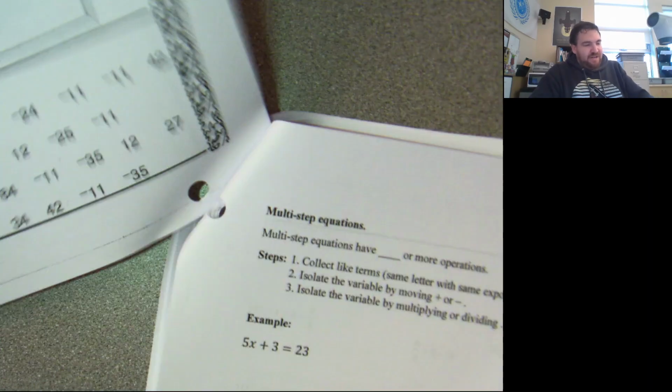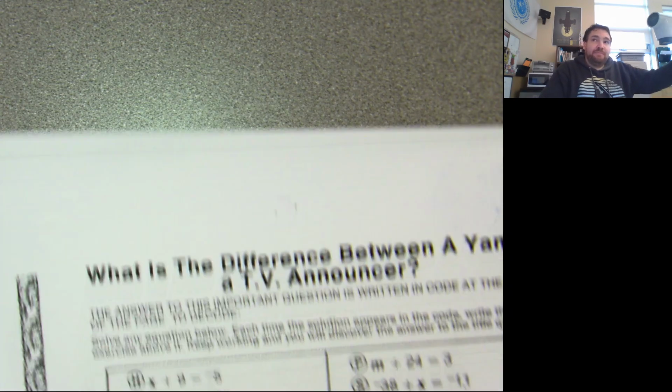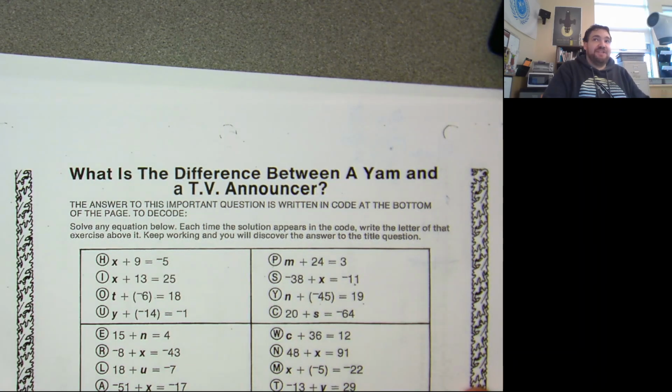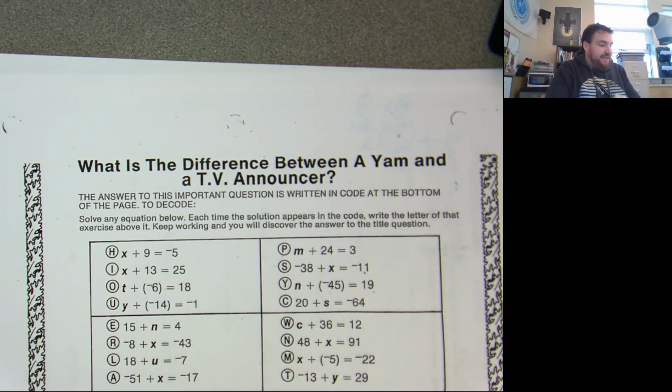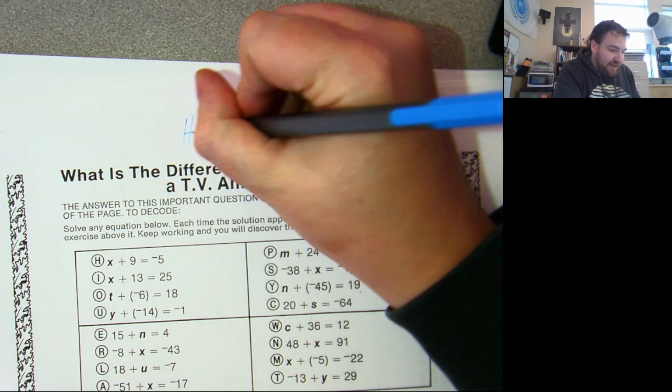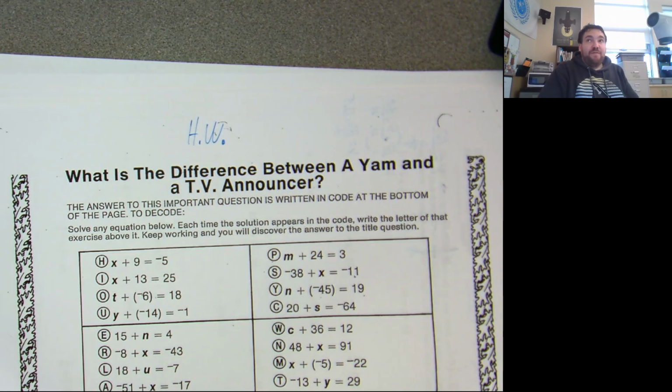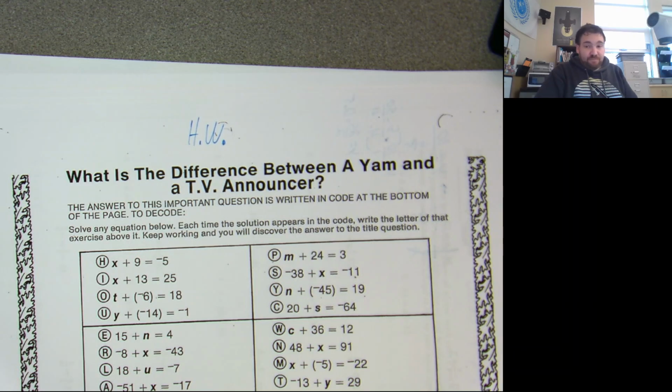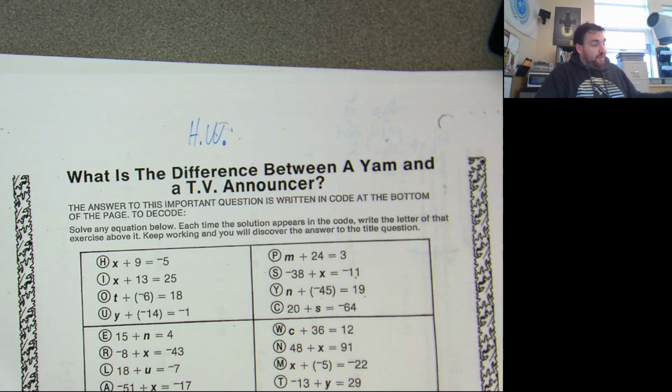In addition to that, I want you to do this page here too. I want you to tell me what the difference is between a yam and a TV announcer. This page is also for homework. You have so much time. You have 40 minutes. This is all we're doing today. On your mark, get set, go.